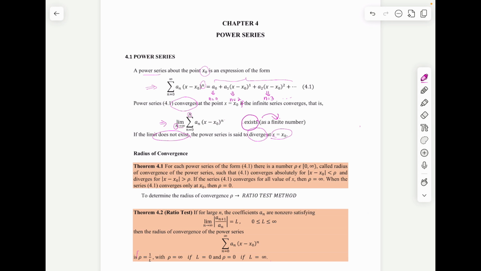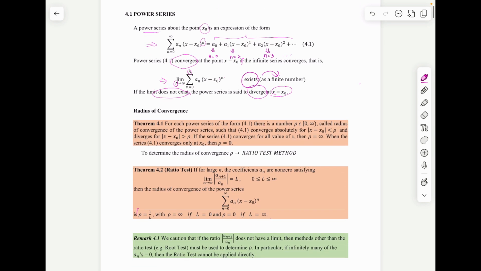Okay, let us look at the radius of convergence, which can be symbolized by rho. Theorem 4.1.